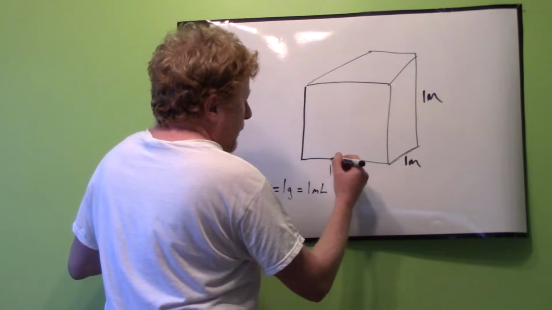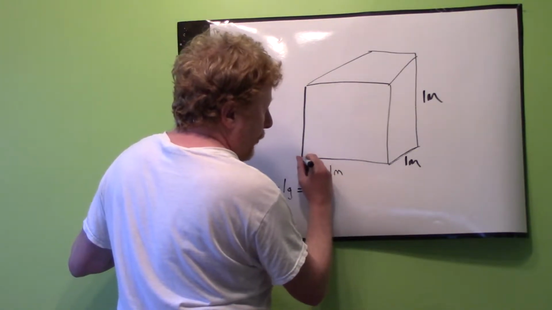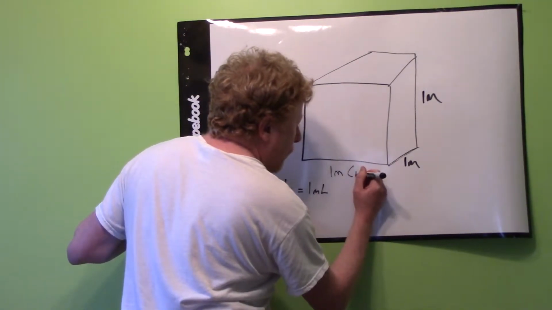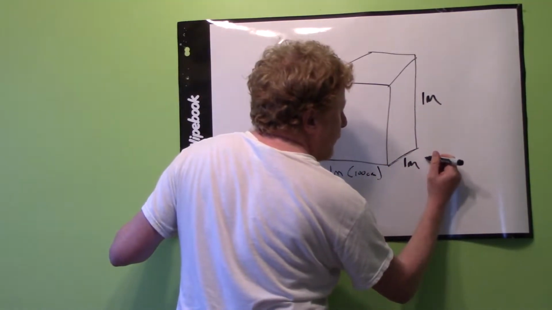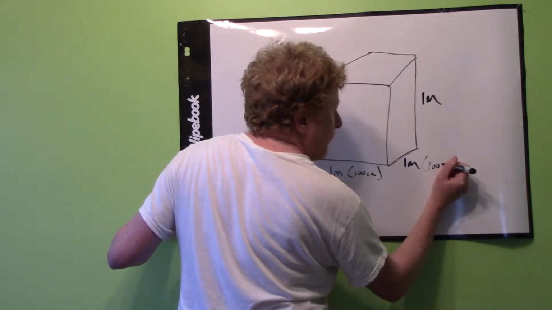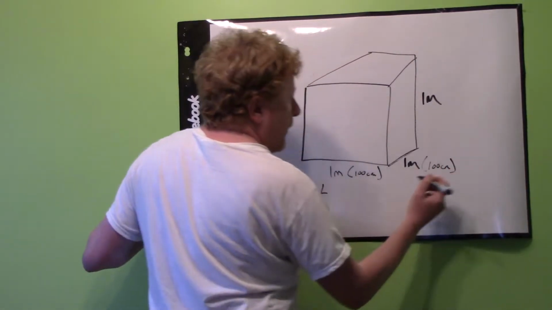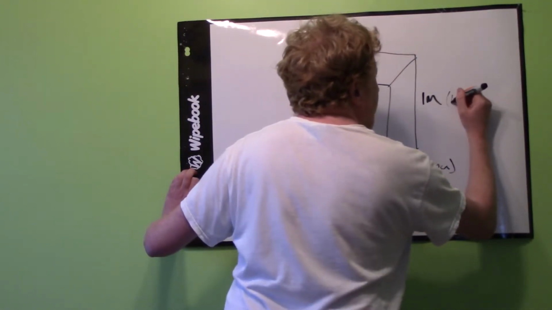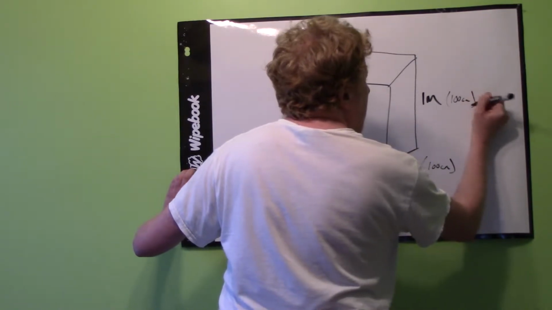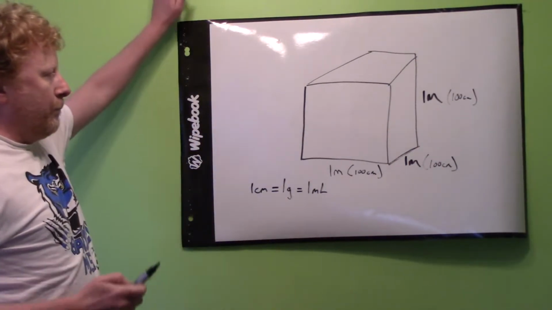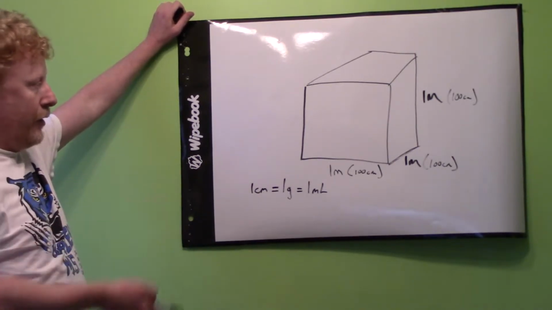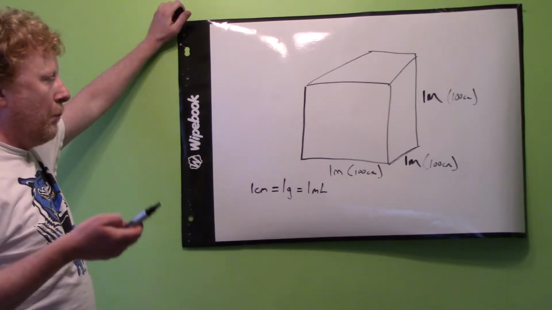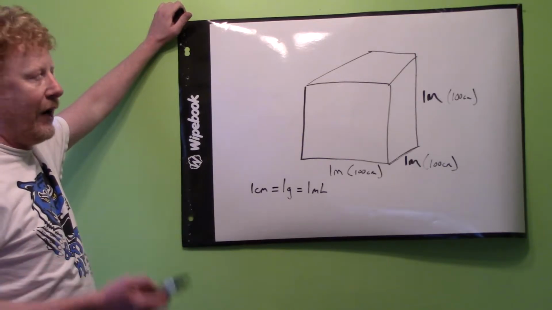So another way of saying it is that there's 1 meter here, so 100 centimeters. There's 100 centimeters here, and then there's another 100 centimeters up here. And so to find the volume of a cube, you have to multiply the length times the width times the height.